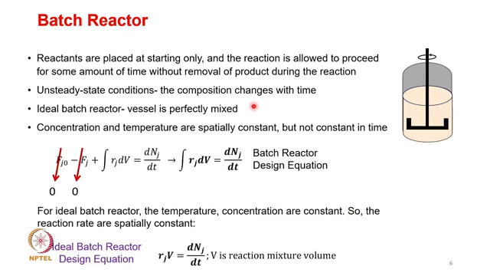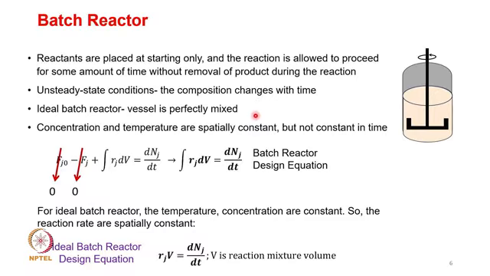So a batch reactor operates under unsteady state conditions. You have a stirrer in any reactor configuration for good mixing, so under ideal conditions we assume that a batch reactor is perfectly mixed.